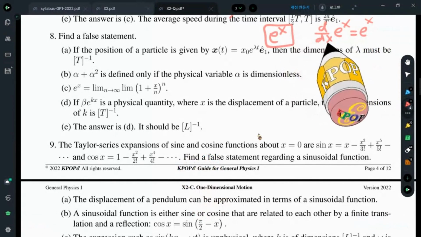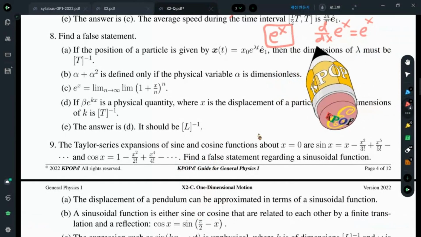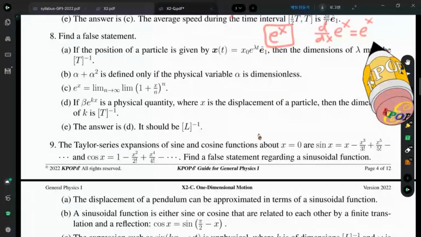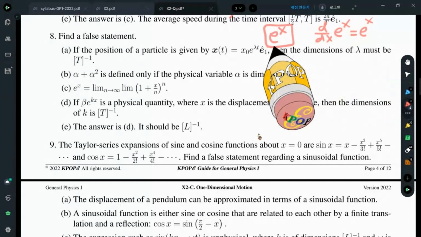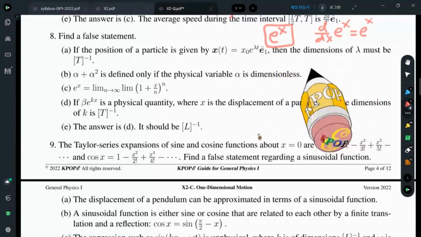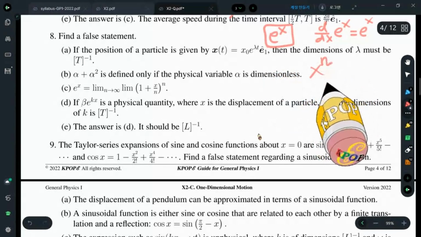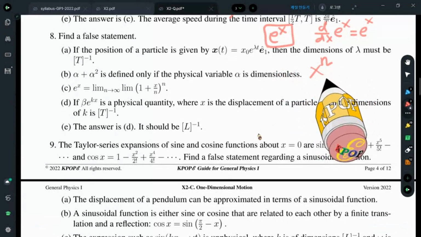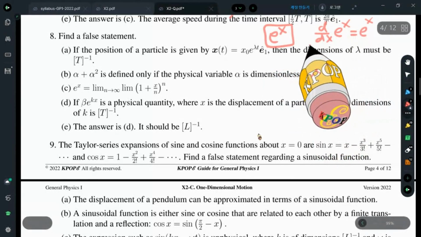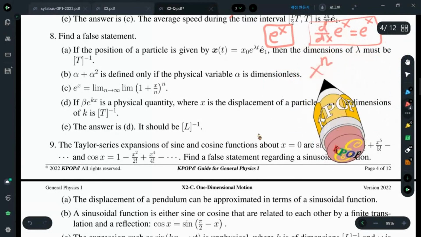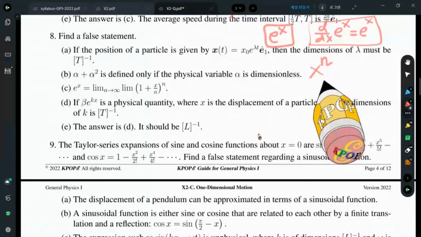So if you know how to take the derivative of an exponential function, then you can take the derivative of any polynomial function. You know that? Actually, the student must learn exponential function ahead of polynomial.